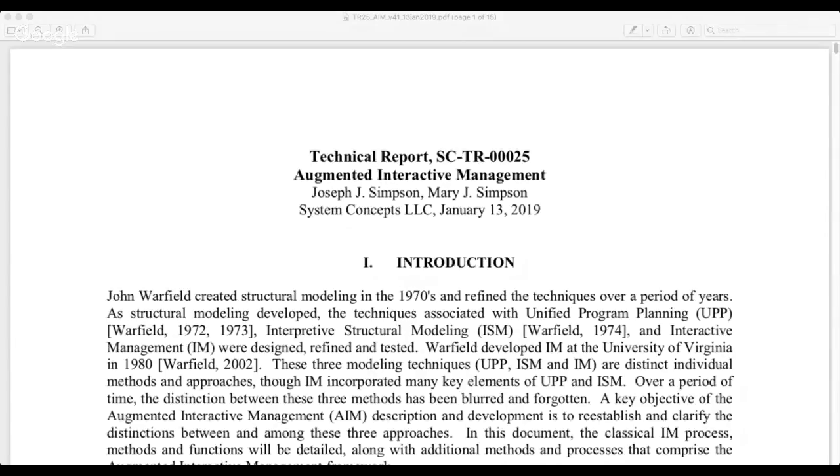session, I'm going to display and show the GitLab open source software framework that I set up to support the development of the augmented interactive management concept.